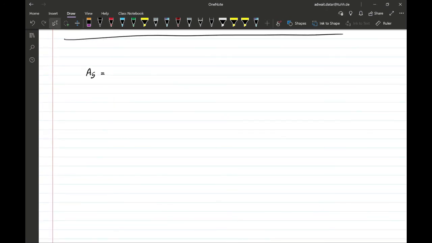So similarly, A5 is given as this here, which can be written as 10 times epsilon 1.